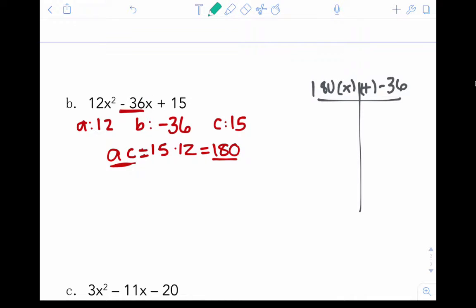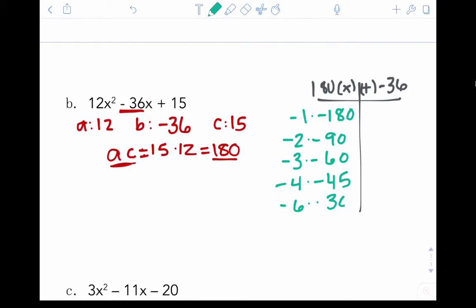So as I'm going through my factors, I'm going to have negative 1 times negative 180, negative 2 times negative 90, negative 3 times negative 60, negative 4 times negative 45, negative 6 times negative 30.